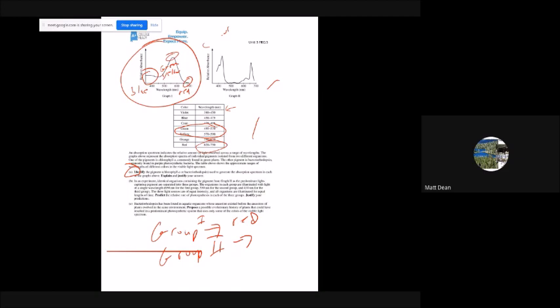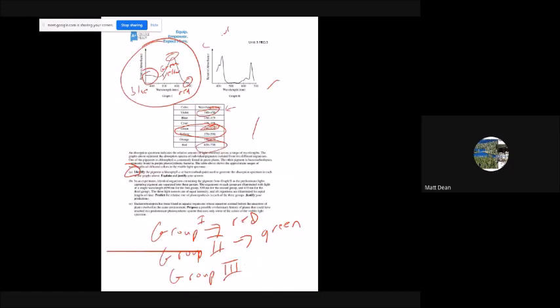Well, 550 is right in there, green light. And finally, group 3 is exposed to light at 430 nanometers, which is right in here. That's violet. And we essentially want to know who does photosynthesis the fastest, is what the question's asking us.